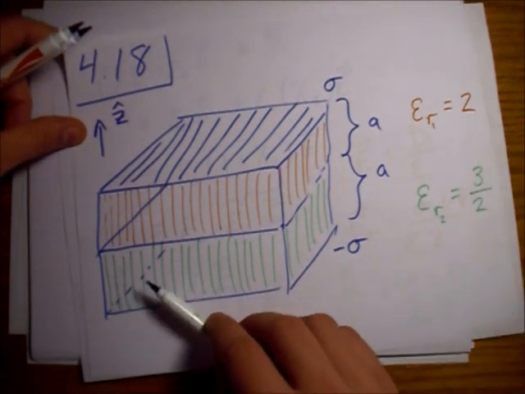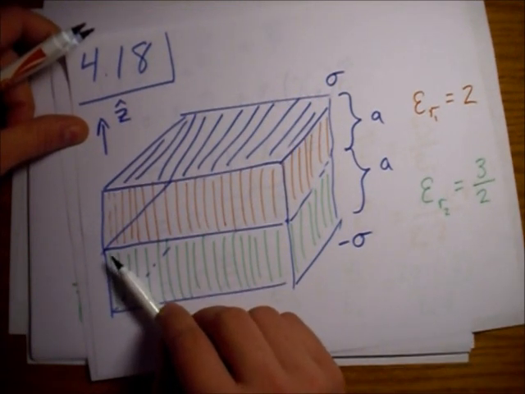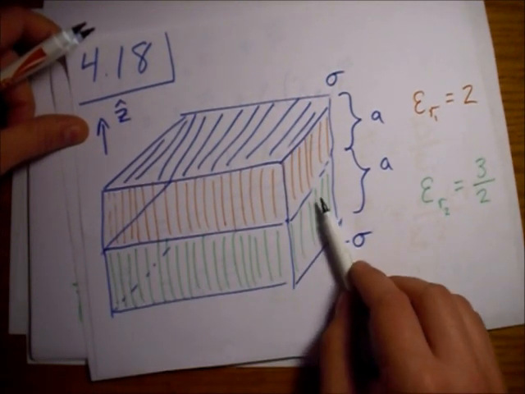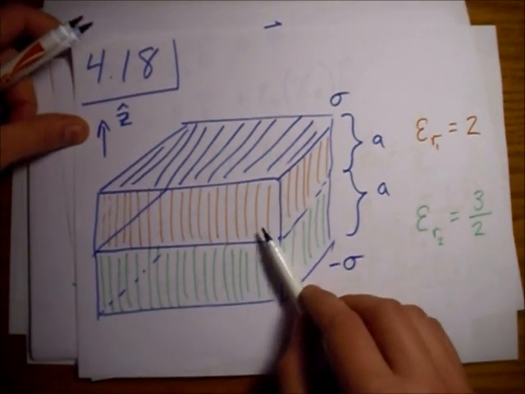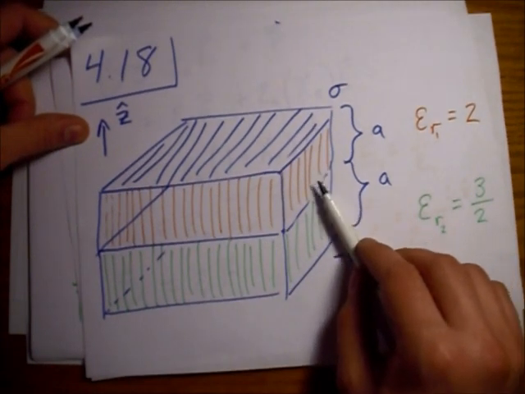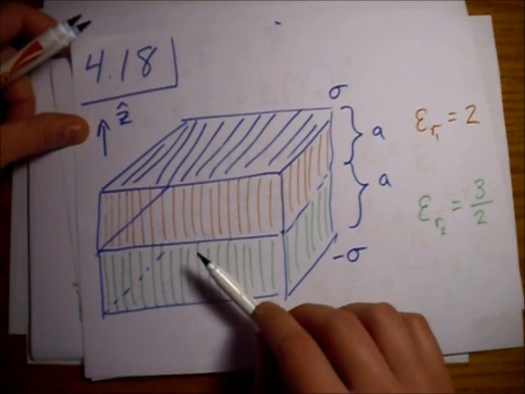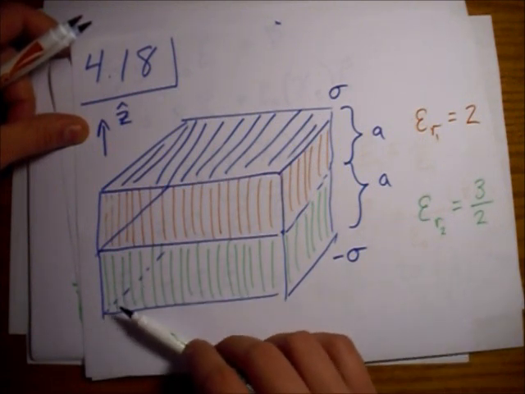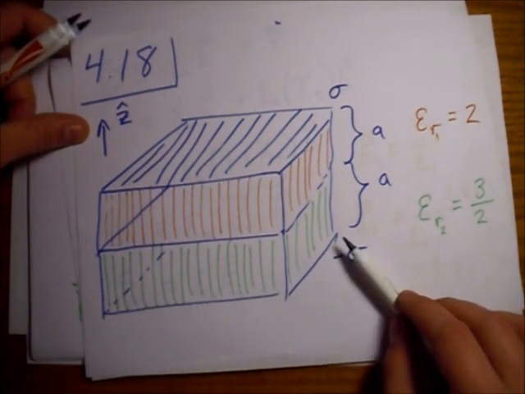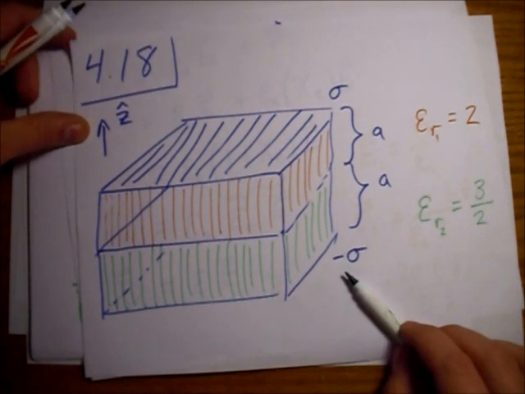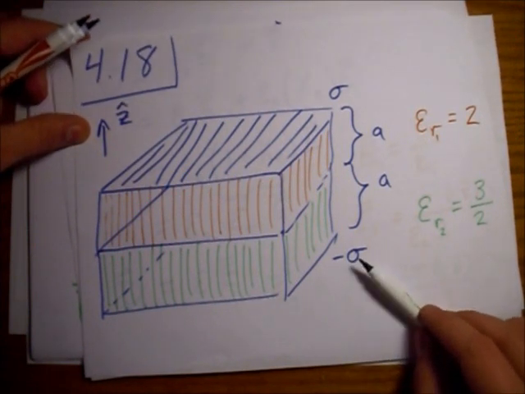For the green, we get a bunch of minus bound charges here, which are attracted to the positive bound charges in the red. Okay, and then positive bound charges here, which are attracted to this minus sigma, the free charge surface density here.